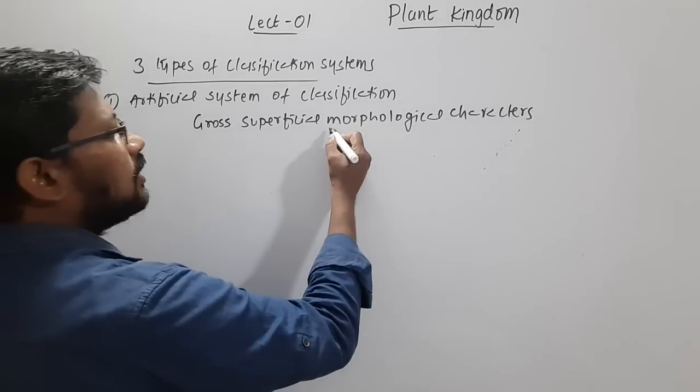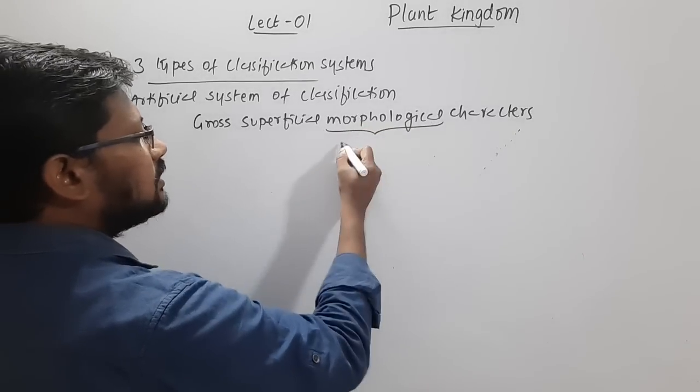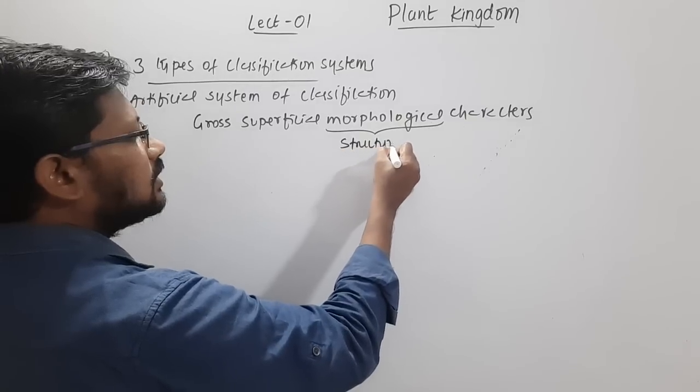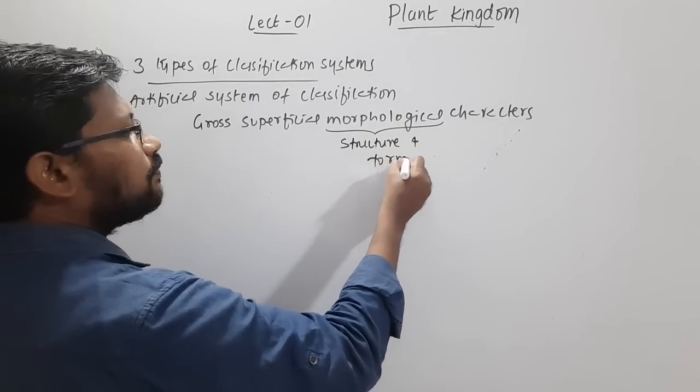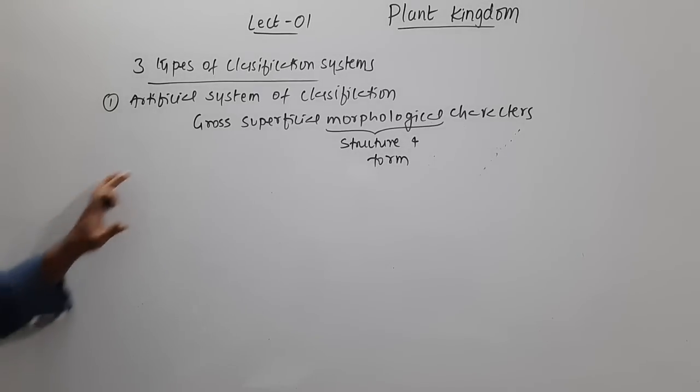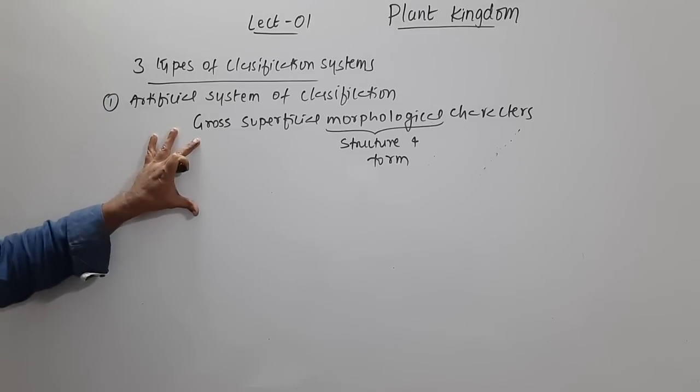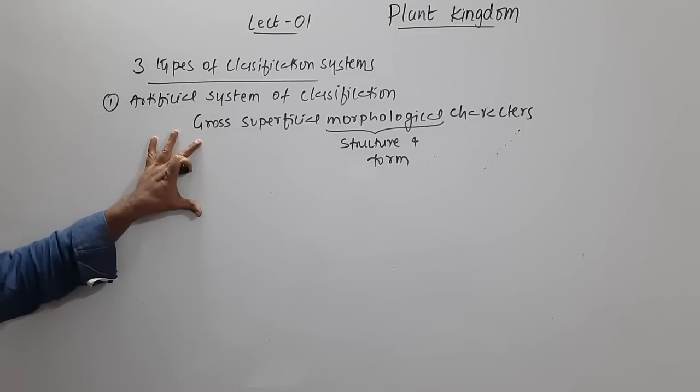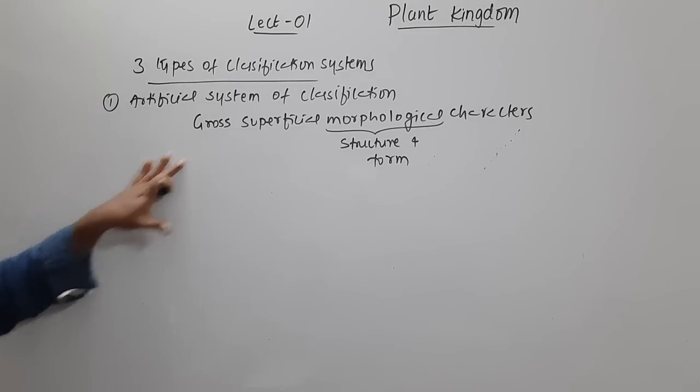Morphology means the structure and form of the plants, which they considered to classify. So let's see what those gross superficial morphological characters are.